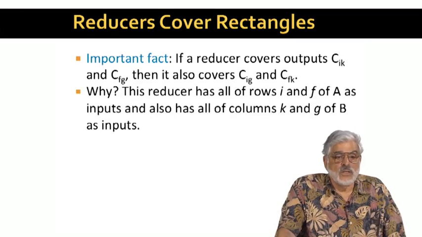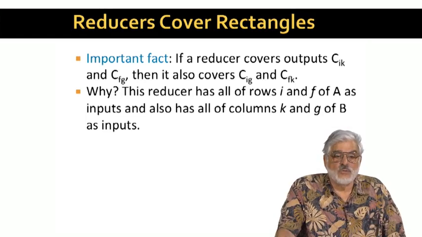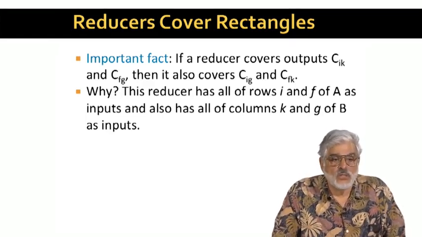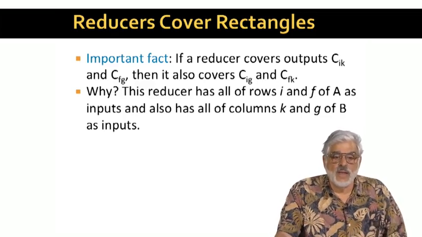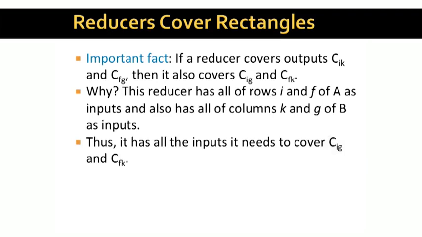The reason is that in order to cover C_IK, this reducer must have among its inputs the entire row I of A and then the entire column K of B. Likewise, since it covers C_FG, the reducer must have all the row F of A and column G of B. From row I and column G, it has all it needs to compute C_IG, and from row F and column K, it has all it needs to compute C_FK.